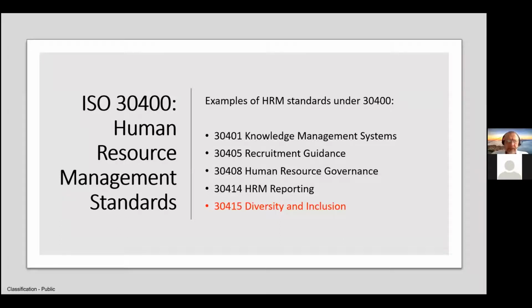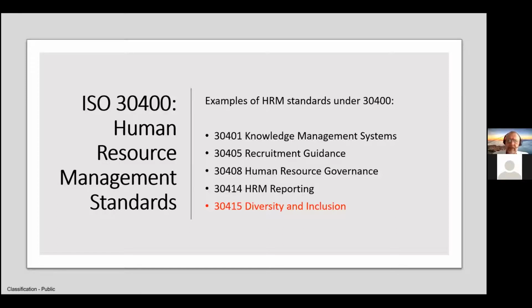So there's a suite of standards that 30415 sits under. This is in a suite 30400, which are human resource management standards. This would suggest that ISO views diversity and inclusion as an HR only concept, but in reality, 30415 deliberately goes beyond the HR life cycle, and I'll say more about that in a second.